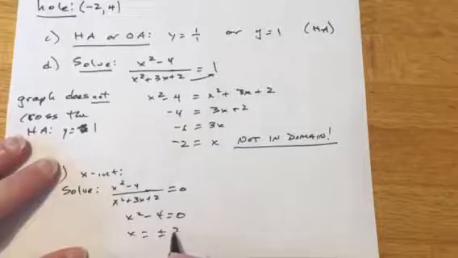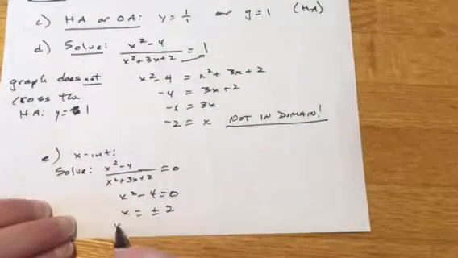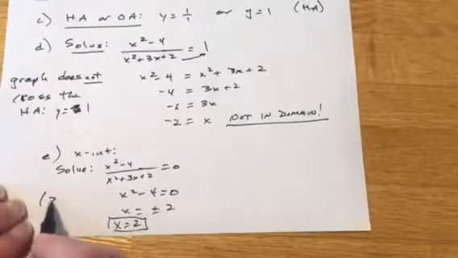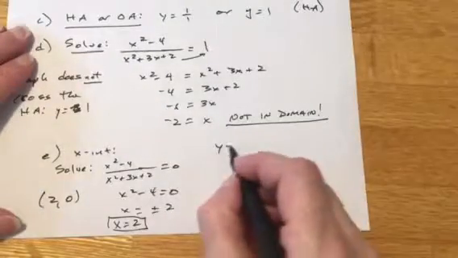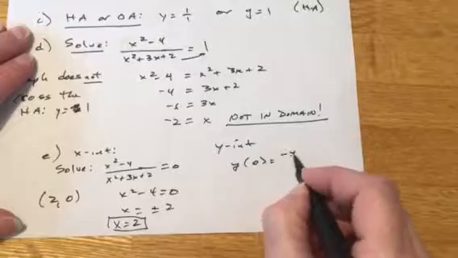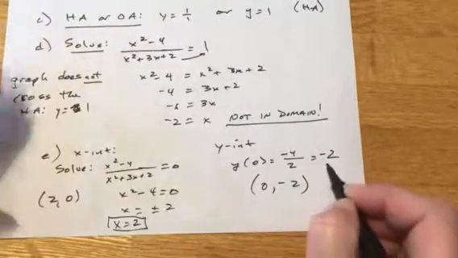So again, it will look like plus or minus 2. It can't be negative 2, because negative 2 is not in the domain. So x = 2 is our only solution here, and (2, 0) is the only x-intercept. For the y-intercept, you're just plugging in 0. So y of 0 is negative 4 over 2, or negative 2, so the point (0, -2).